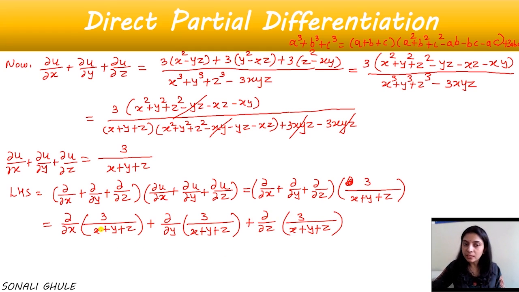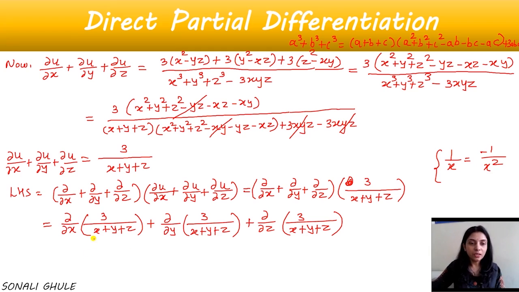But if you see in the denominator, each variable is of degree 1. Okay, so I can use the concept of differentiation, the derivative of 1 upon x. What is it? Minus 1 upon x square.